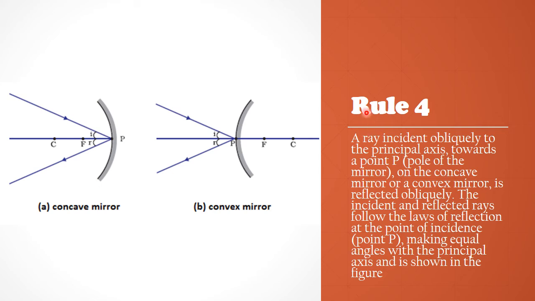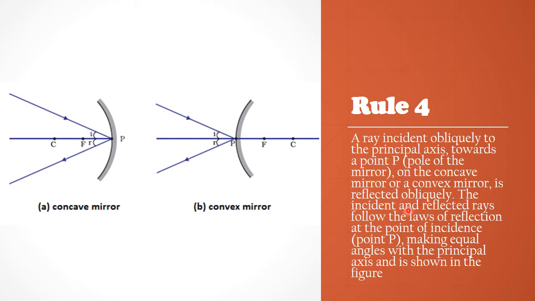Your fourth rule states that a ray incident obliquely to the principal axis towards a point P, the pole of the mirror, on the concave mirror or a convex mirror, is reflected back obliquely.